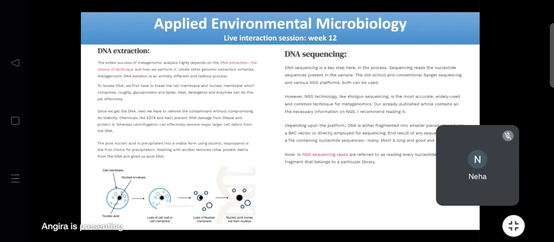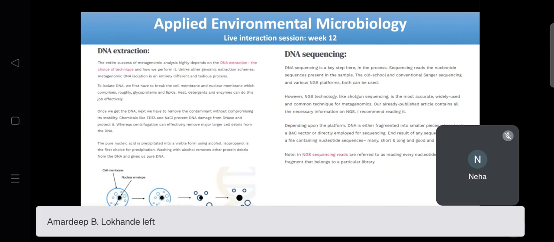Heat is also used in certain cases, but heat is not a good method because it can also damage your DNA or your genomic samples. So certain amounts of detergents and enzymes can be used for lysing the cell, and once the cell is lysed, the DNA will come out into the open.